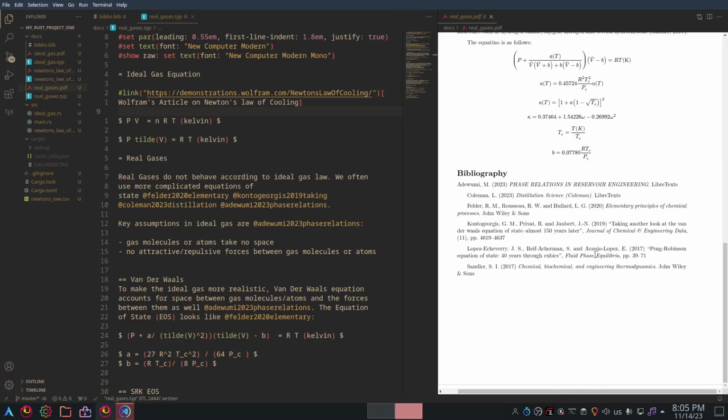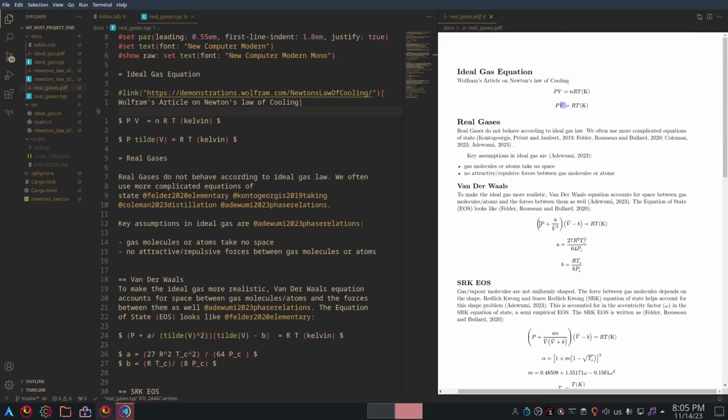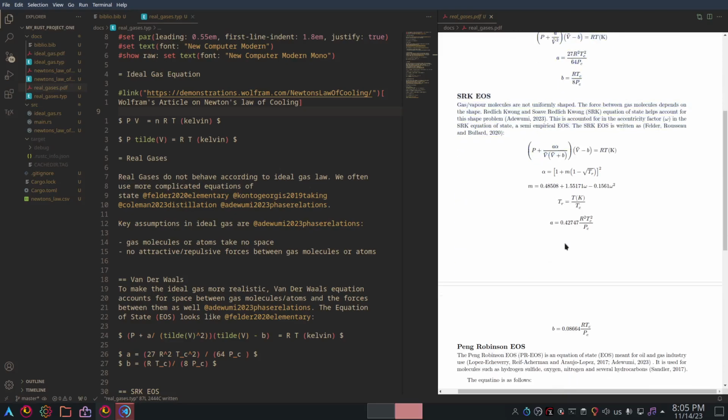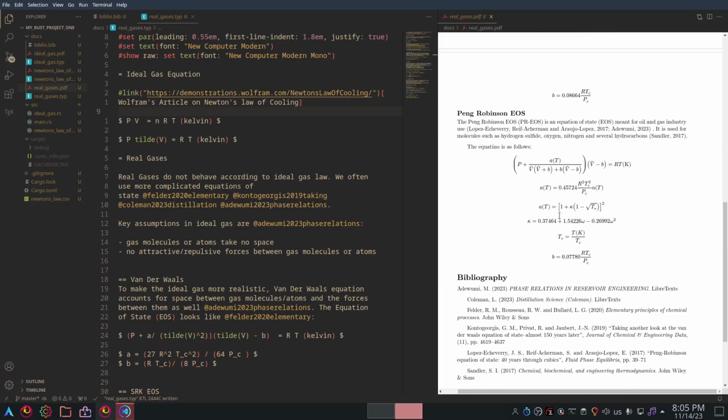You divide by n, you get this molar volume. You got it expanded through van der Waals, and then the Redlich-Kwong equation expanded on it, and then you got Soave-Redlich-Kwong as well. I'm sorry, I don't know how to pronounce the name properly. And then Peng-Robinson changes the SRK equation of state and fits it very nicely to the hydrocarbons.